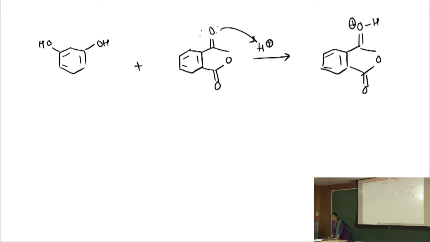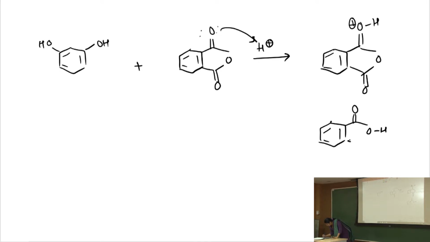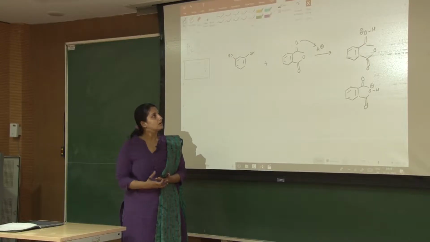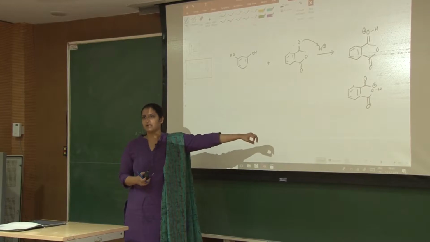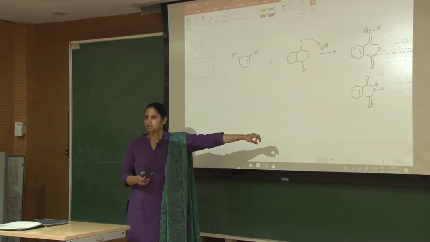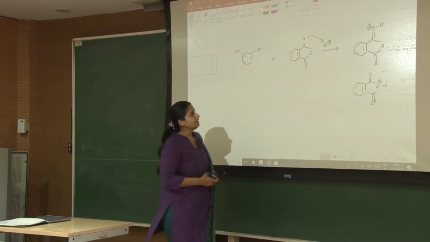There is a possibility of this. Now, which one amongst these two has a resonance structure? The first one. Okay. So, that is a little more stable than the second one. Everybody agrees with that?